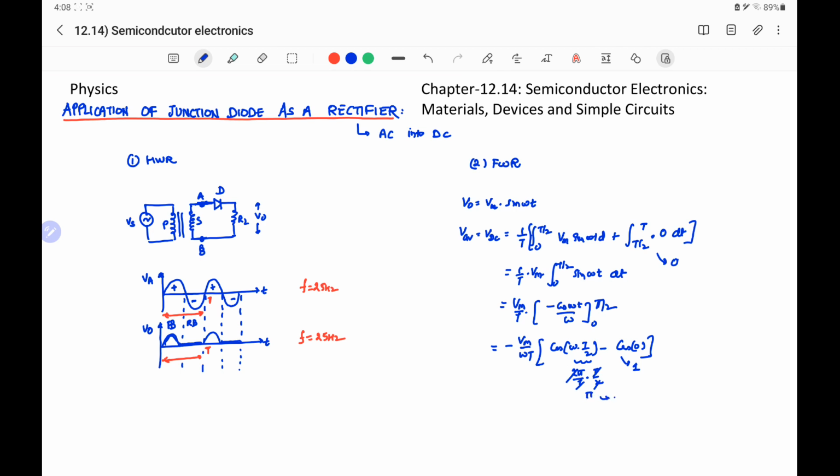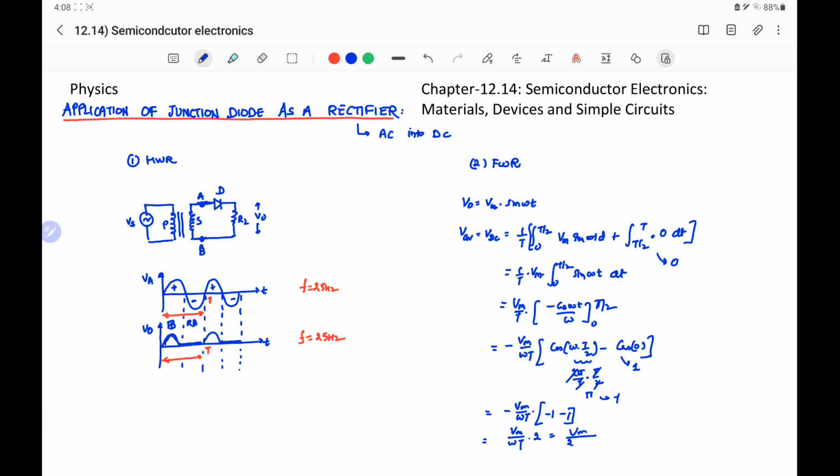And cos pi is minus 1. Therefore, we will have minus Vm by omega T into minus 1 minus 1, which is minus 2, and minus minus is plus. Therefore, we will have Vm by omega T into 2.